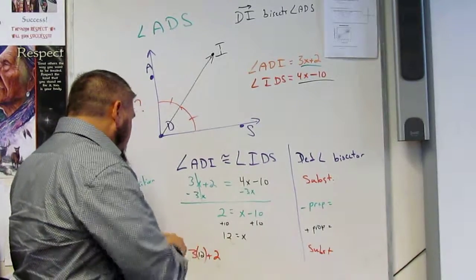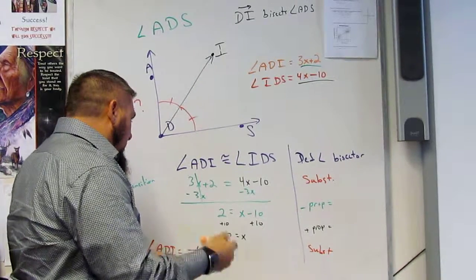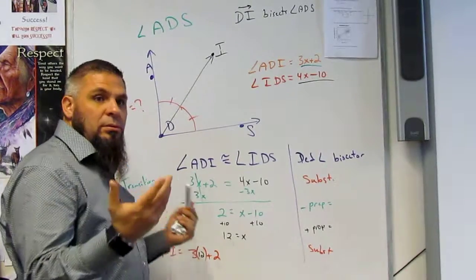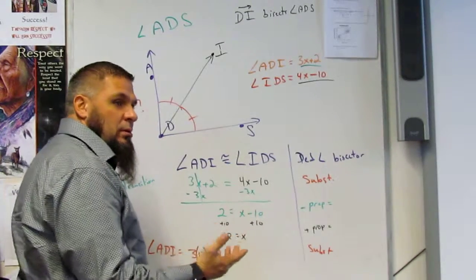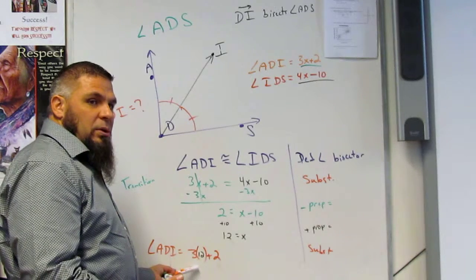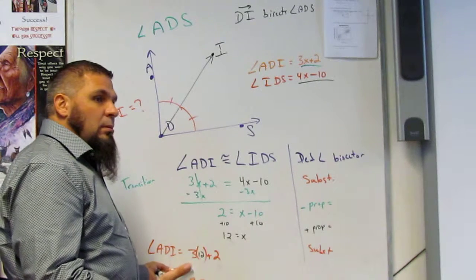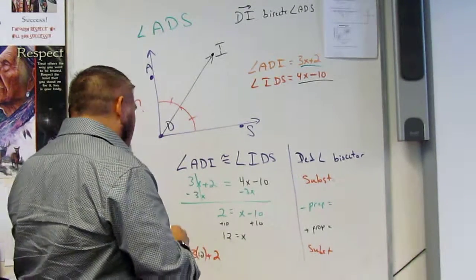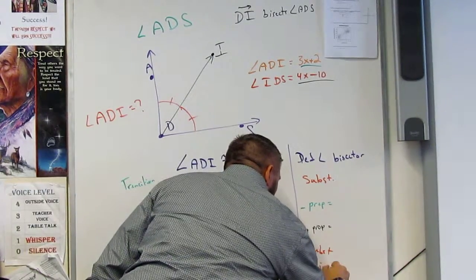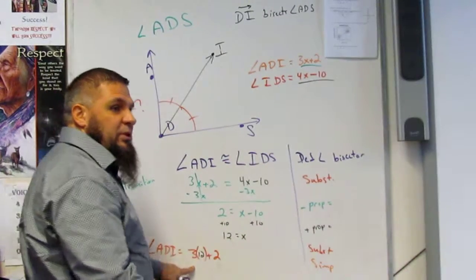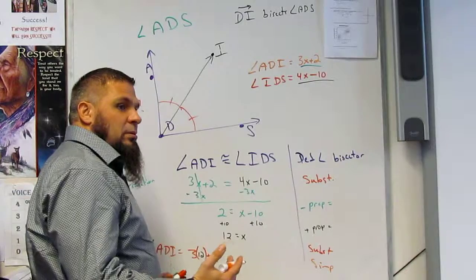Okay? And so, what am I going to do now? What do I do with that? Simplify. Yeah, exactly. I just multiply 3 times 12, which is 48.